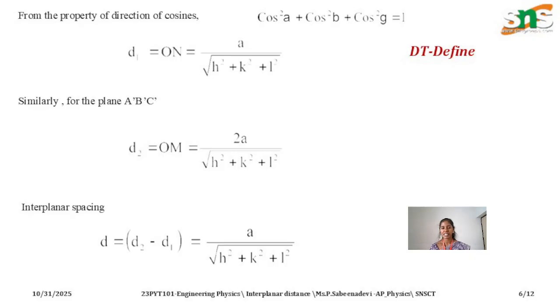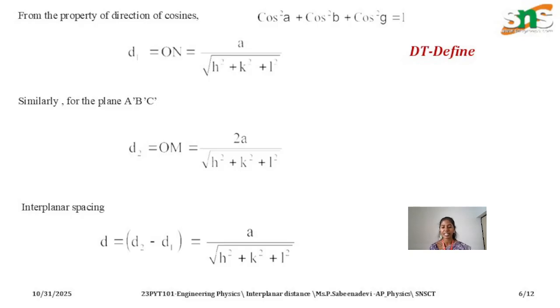The interplanar spacing d is equal to d2 minus d1, which is 2a over the square root of h squared plus k squared plus l squared minus a over the square root of h squared plus k squared plus l squared. Finally, we get d equal to a by the square root of h squared plus k squared plus l squared. This is the formula to find the interplanar spacing.